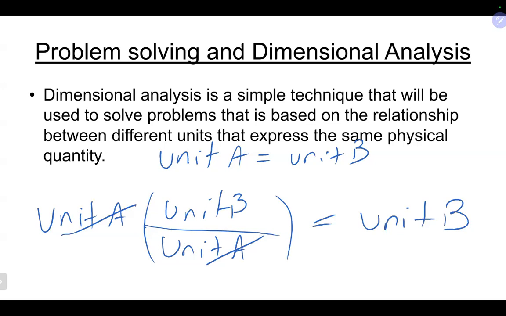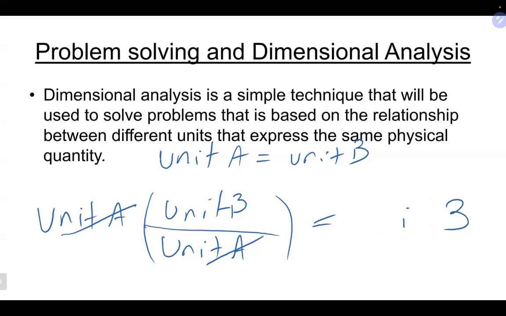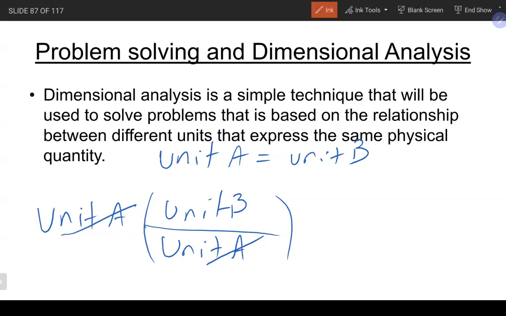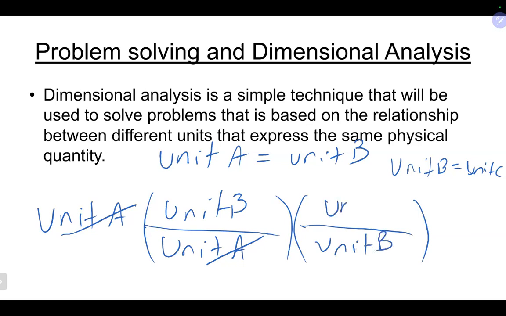By the way, if you have multiple steps along the way, let's just say maybe we're going to go to unit C, you just continue on in that process. Unit B is up on top, so we would put unit B on the bottom to get rid of it, and that would leave us unit C on the top.